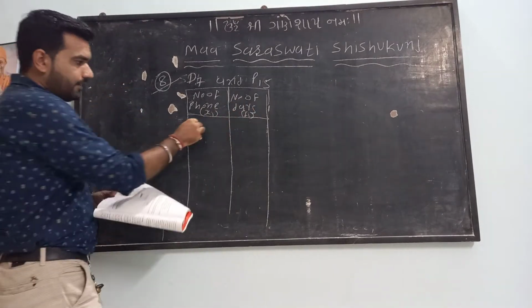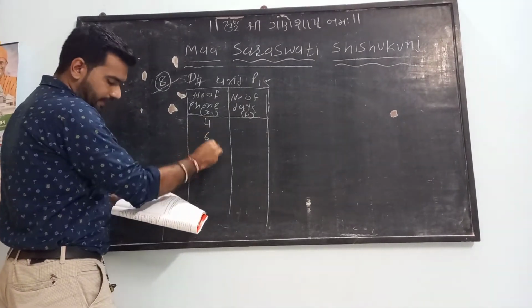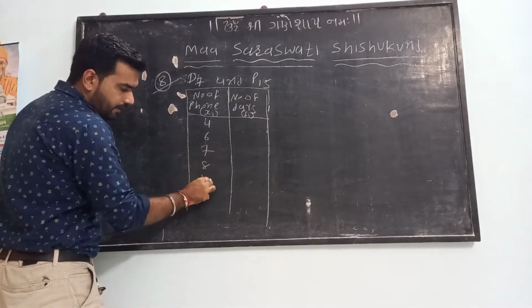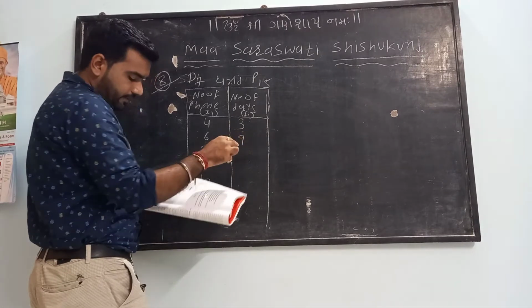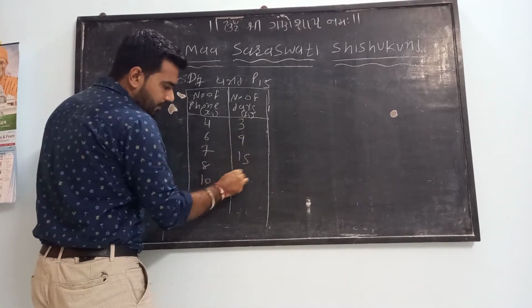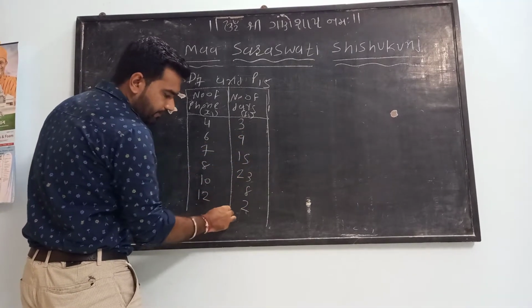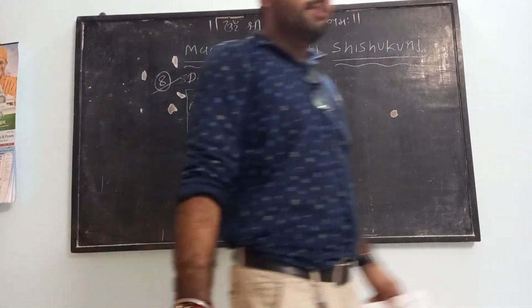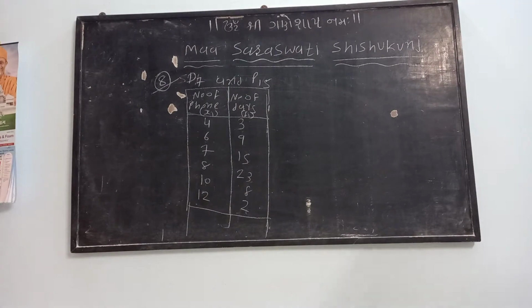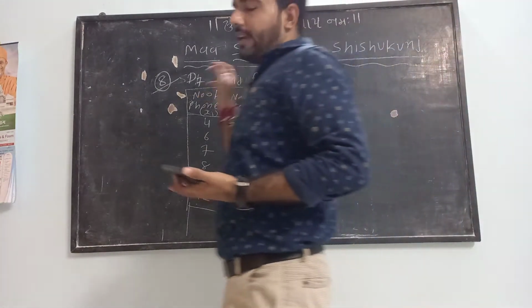In xi there are 4, 6, 7, 8, 10, 12, and the frequencies are 3, 9, 15, 23, 8 and 2. Using this information we have to find D7 and P15.